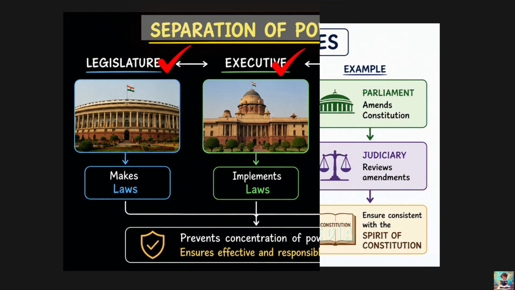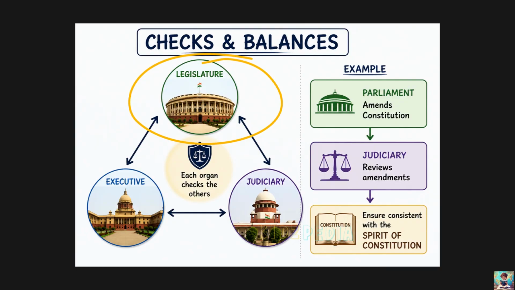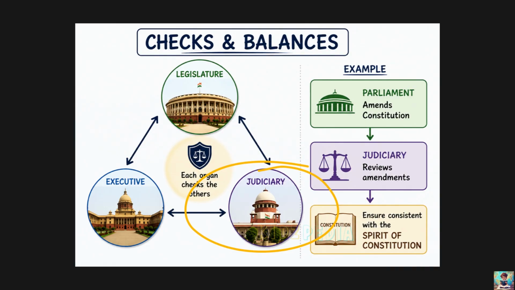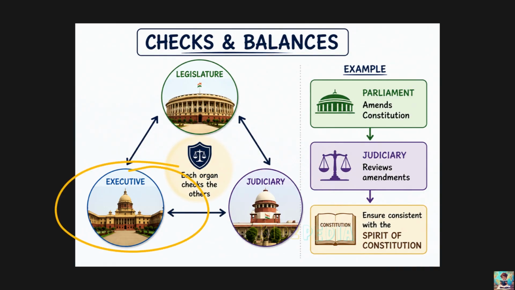For example, Parliament can make or amend laws, but that doesn't mean that it has unlimited power. The judiciary can review whether a constitutional amendment is consistent with the Constitution. And similarly, the executive cannot simply use its power. Its actions are controlled by laws and can also be reviewed by courts.